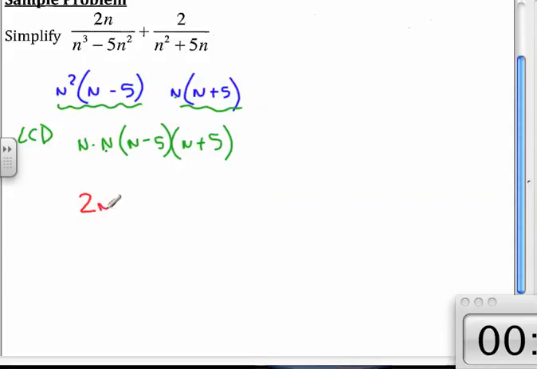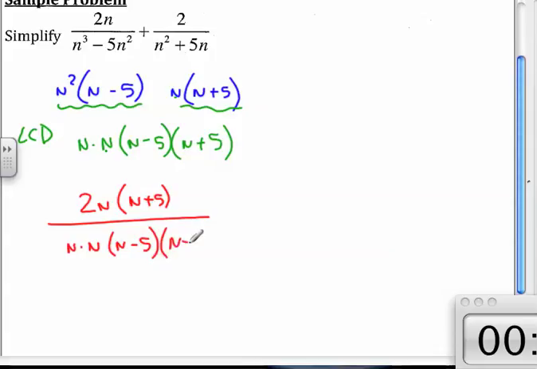Let's see. It's 2n right now, okay? And I multiplied an n plus 5 to the denominator, so I need to do that to the numerator as well. So it's going to be n times n minus 5 times n plus 5. We'll simplify that stuff in just a second.